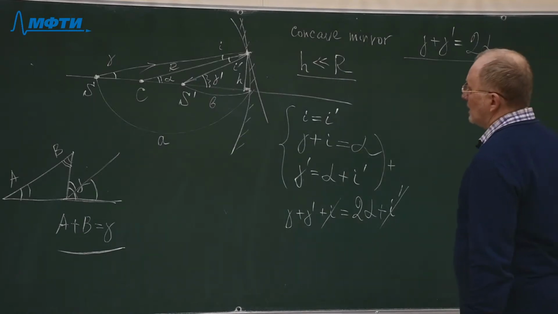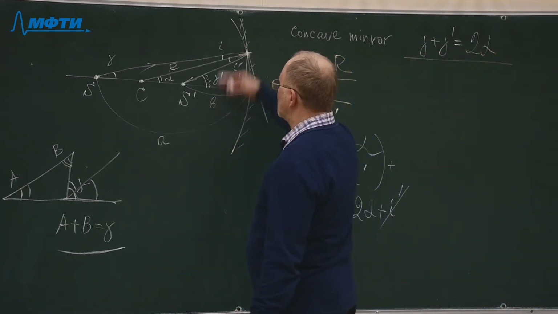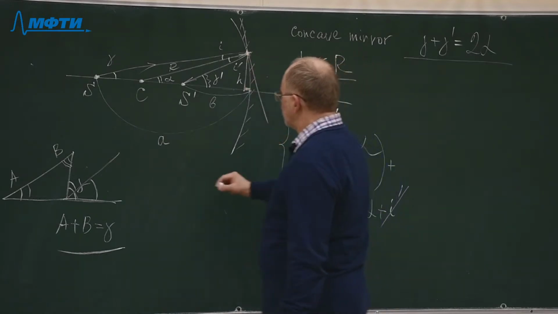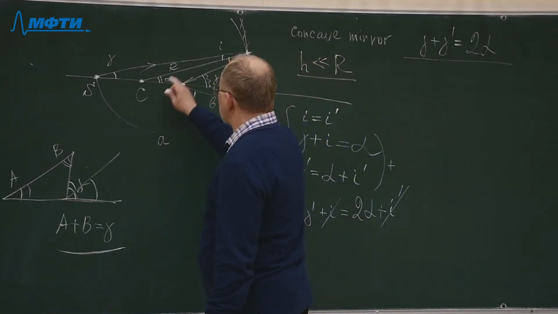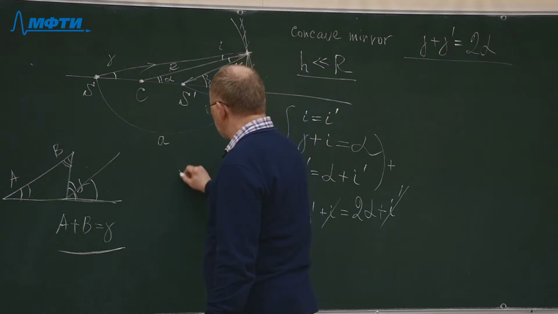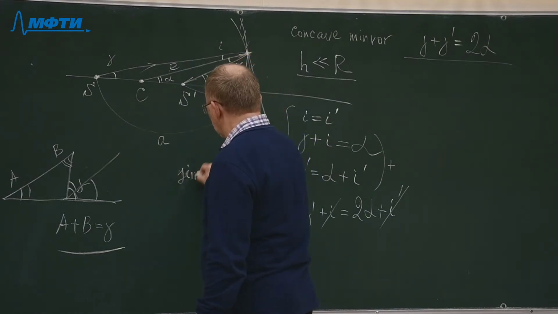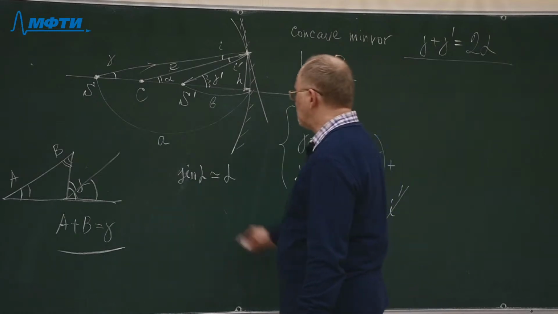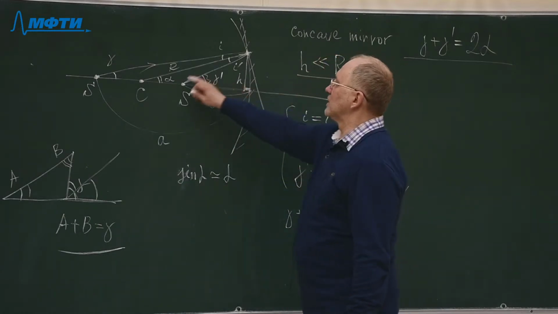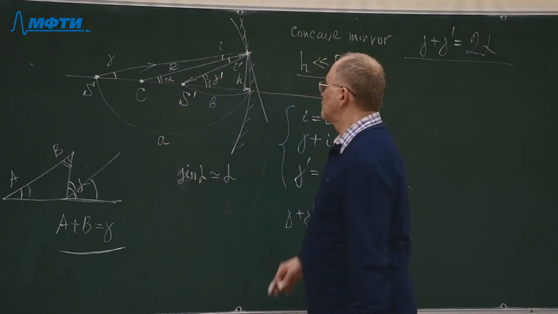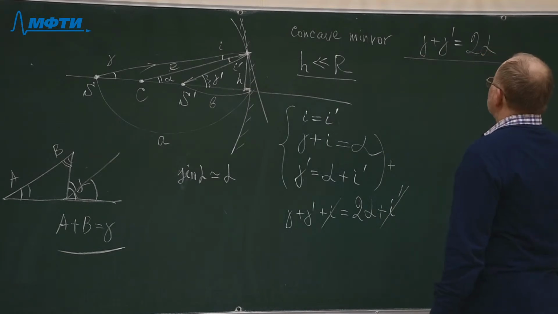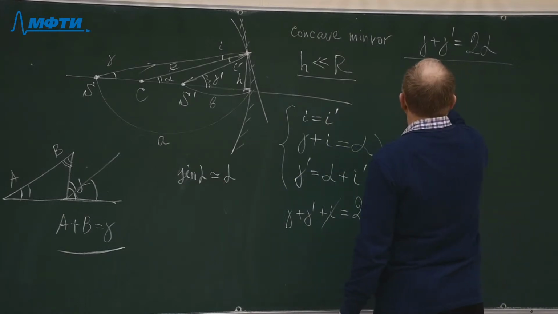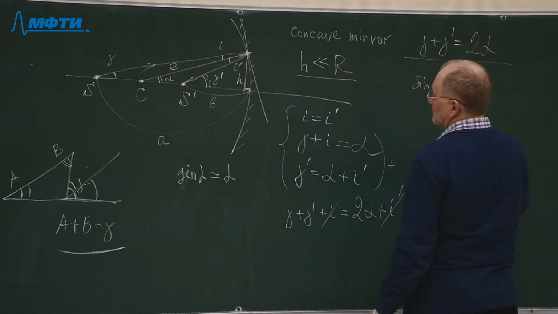Also, we will use the fact that we consider only paraxial rays, and in this case this section h is much smaller than R. Therefore all these angles, for example alpha, are small angles, and for small angles we know that sine alpha is approximately equal to alpha. That is true for small angles, and we consider only small angles because we consider paraxial rays in this case. And that means that instead of angles we can use the sine of each angle.